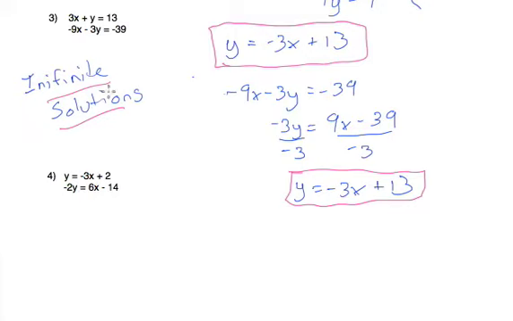However, what you also could have done is you could have noticed something about these two equations. Did anyone notice this? If this is 3x plus y equals 13, and this is -9x, look at the 9 and the 3, and this is -3y, look at the y, and then this is -39, and look at the 13.